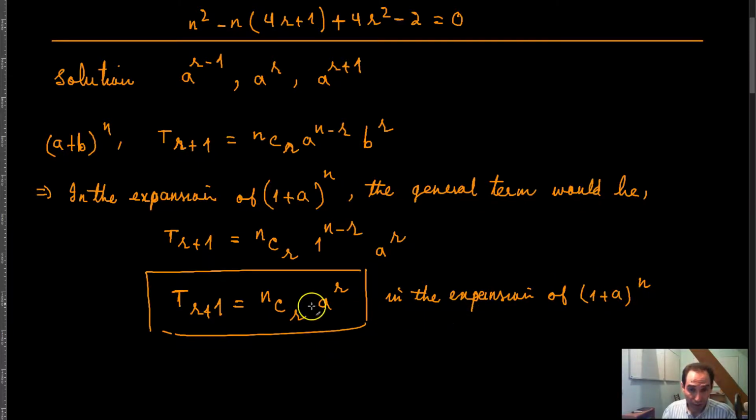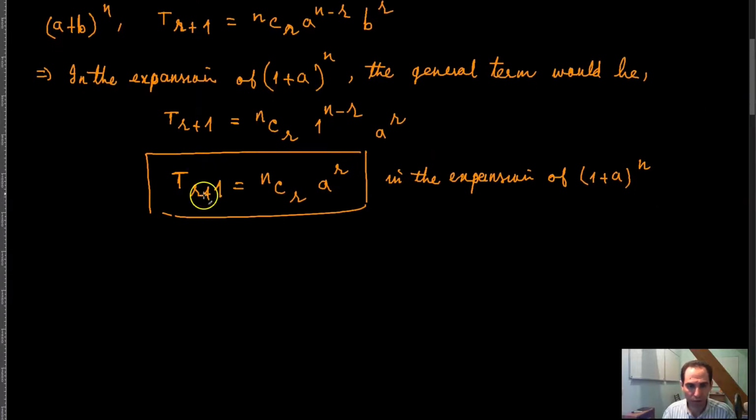So you can see that a raised to the power r occurs in T of r plus 1, right? So let's go back a term, and let's write out the term T of r.